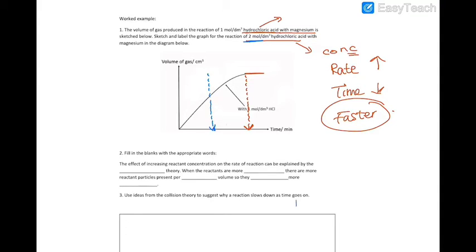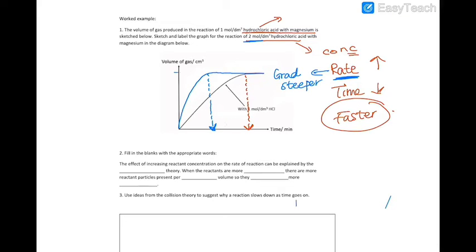Now, the initial rate is going to be faster, which means that the gradient is going to be steeper because rate is greater. Remember, rate is proportional to the gradient. So here it's going to be steeper, and it ends in less time.